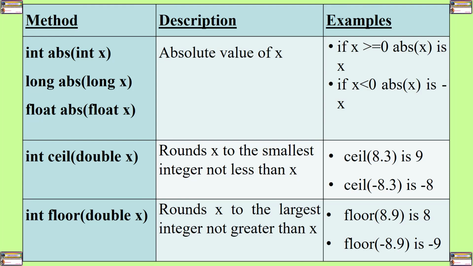For example, if we pass 8.9 to the method called floor, it will return 8. But if we pass negative 8.9, the value returned will be negative 9. And you can see the value being returned is of type integer.